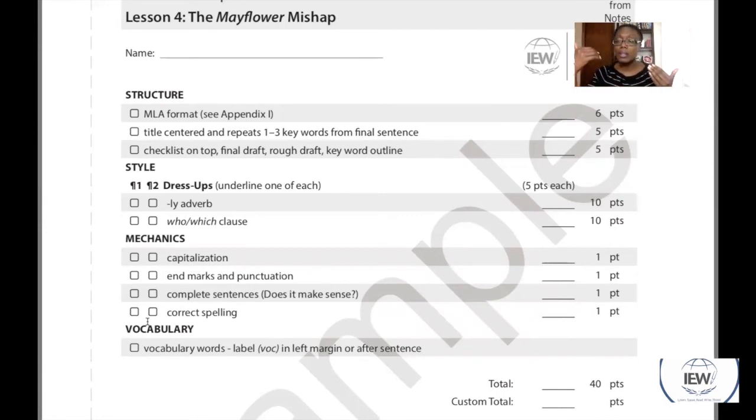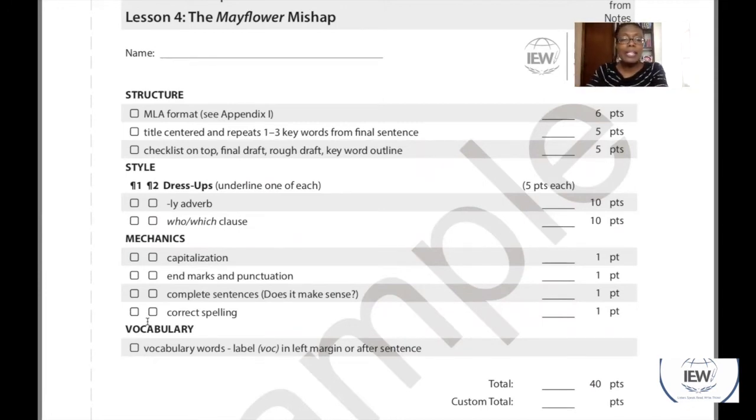That's also very important. And does it make sense? If so, they would get 1 point for each of these areas. And then the last area under mechanics is helping the student to remember to correct any spelling. So are all spelling errors removed from their paper? If not, again, they would not get that 1 point for spelling.